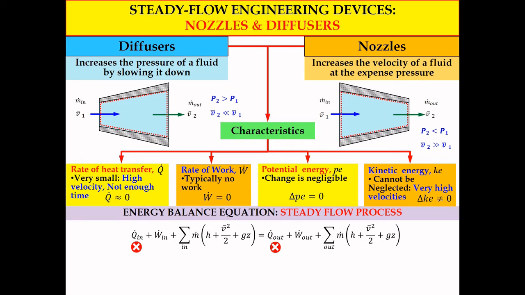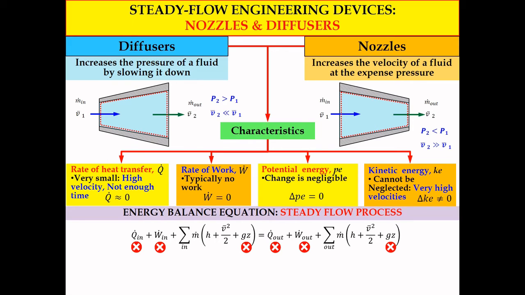Okay, due to no heat transfer process, rate of heat transfer Q dot, in the equation there will be no Q in dot and also no Q out dot. The diffuser and also nozzle do not involve any work, so in the equation there will be no W in dot and also no W out dot.